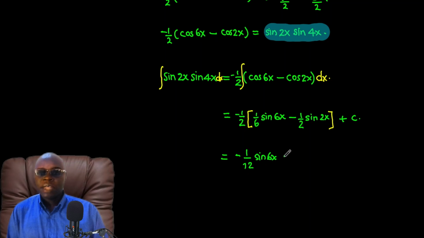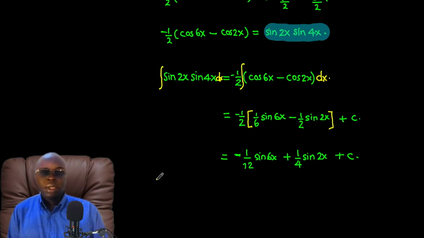Negative times negative is positive. So this becomes 1/4 sine 2x plus our constant. But for mathematical beauty, it is okay when we start with a positive and the negative comes after. So with that, we can rearrange this answer here to suit our working.